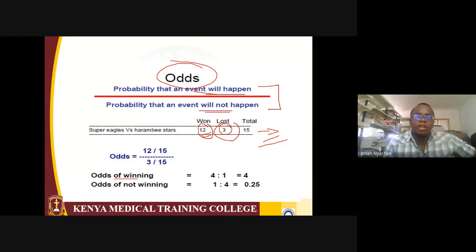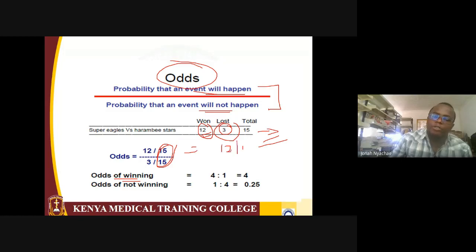So how do we get the odds of winning? The probability of winning is 12 out of 15 times that Super Eagles of Nigeria will win, over the probability that it will lose, which is the probability that it will not happen, 3 over 15.